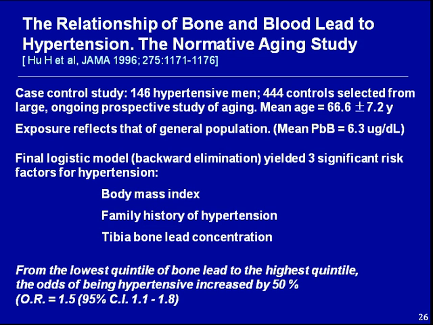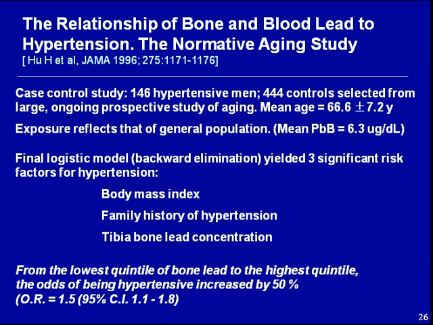As a part of this cohort, Dr. Hu decided to compare what factors might be different between hypertensive and non-hypertensive individuals. So he studied 146 hypertensive men and 444 controls. In addition to looking at other covariates, he measured lead in blood and bone.